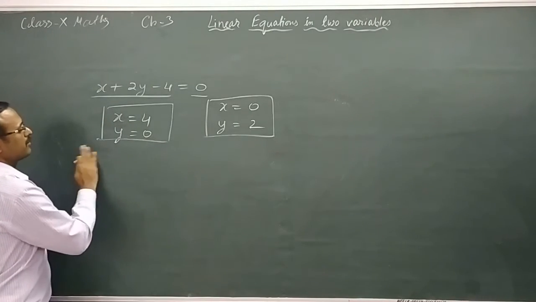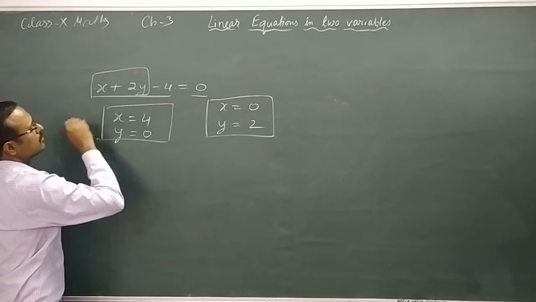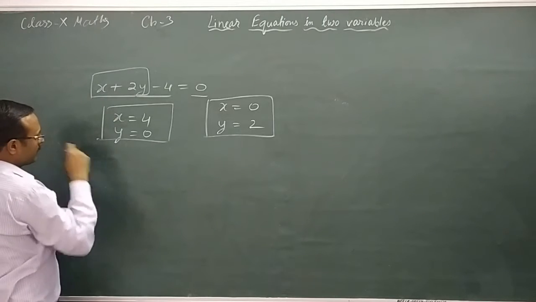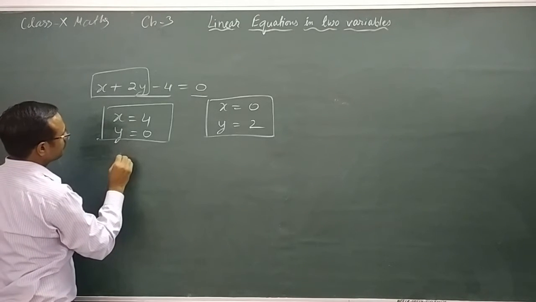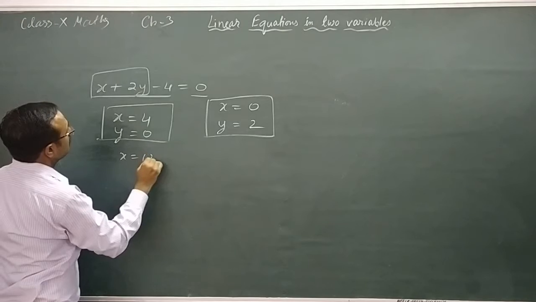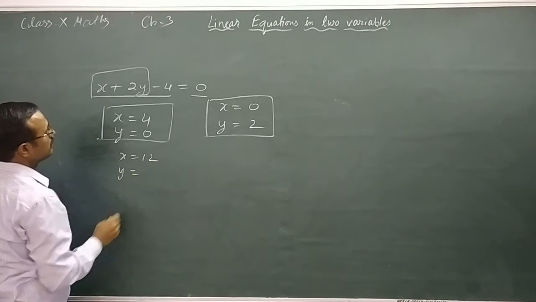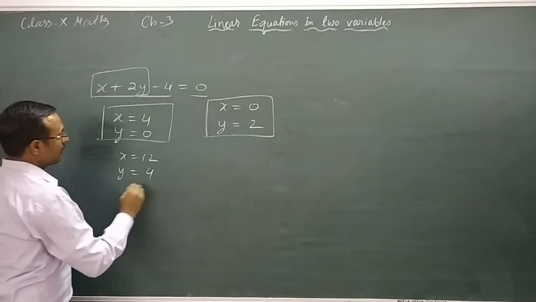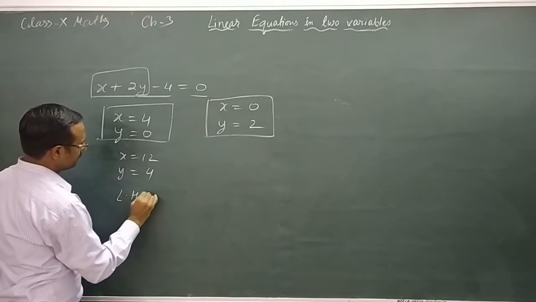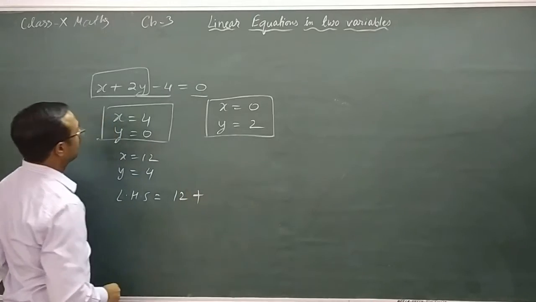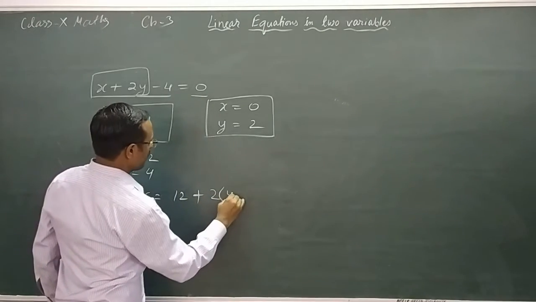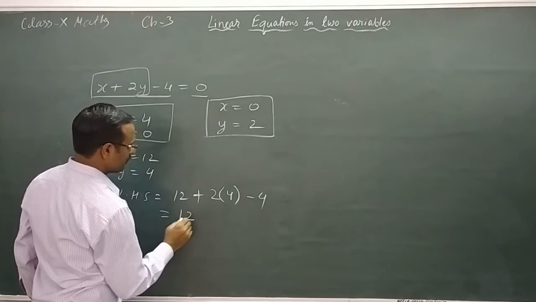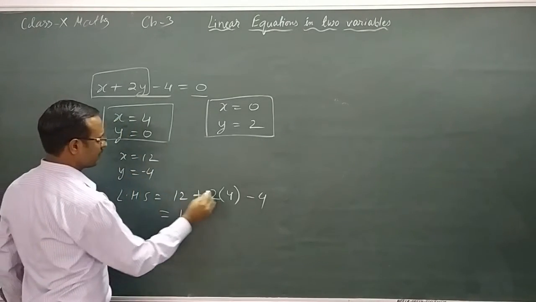Now let us take some more values. You have to make this value as 4 to obtain 0. So you can take x equal to 12 and y equal to 4. LHS will become 12 plus 2 into 4 minus 4; you have to take this as minus 4.